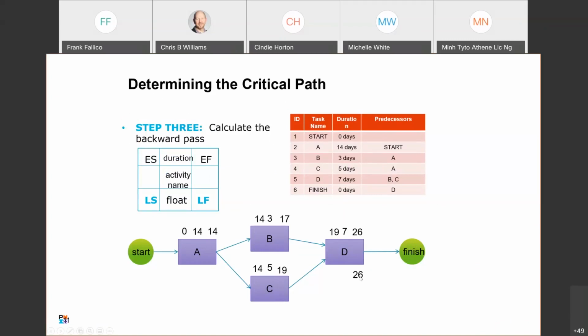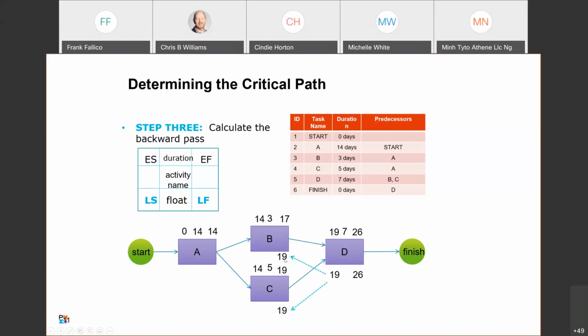And then we're going to subtract the duration, 26 minus 7, to get our late start. And since we only have this last activity as a single activity, we're going to bring that late start back to B and C as 19, and that's going to be their late finish, right?